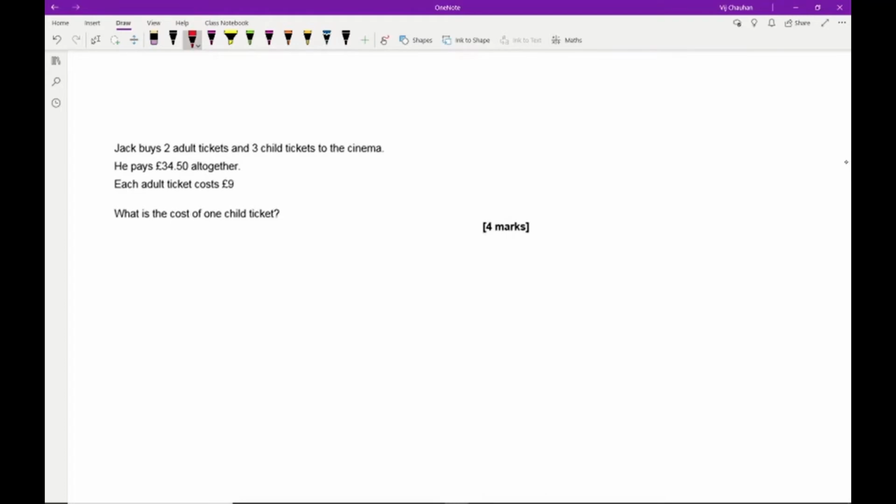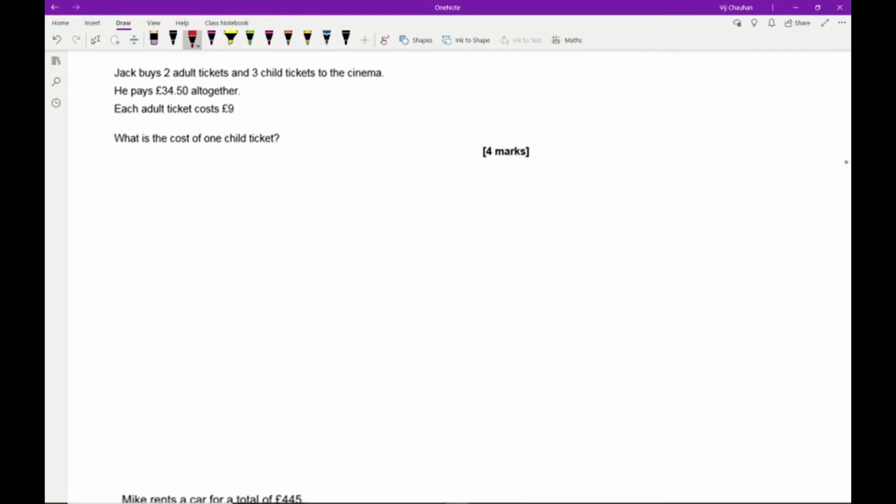So it says that Jack buys 2 adult tickets and 3 child tickets at the cinema. A lot of people going to the cinema. He pays £34.50 altogether. Each adult ticket costs £9. What is the cost of one child ticket? So now for this, we're going to use some algebra to rewrite this equation. So here we've got 2 adult tickets and 3 children tickets.